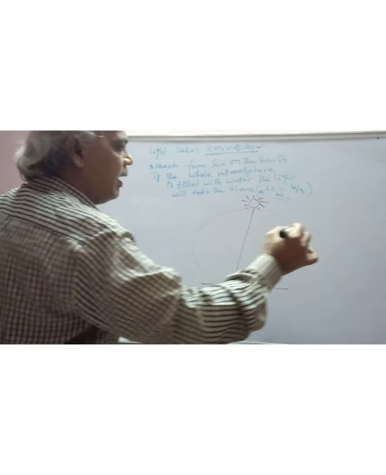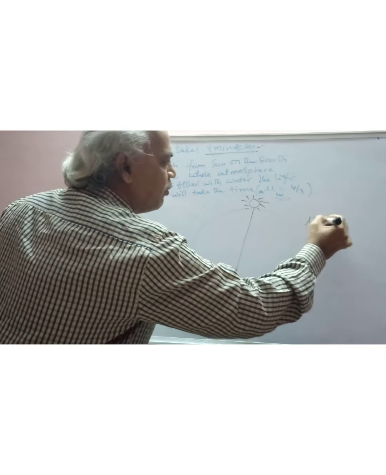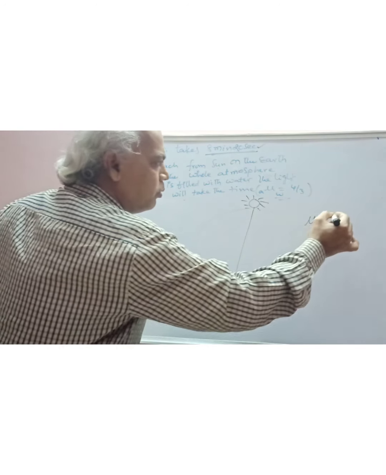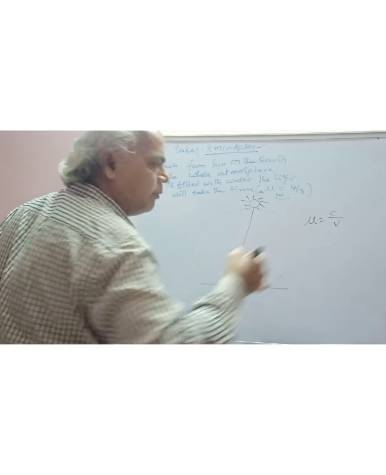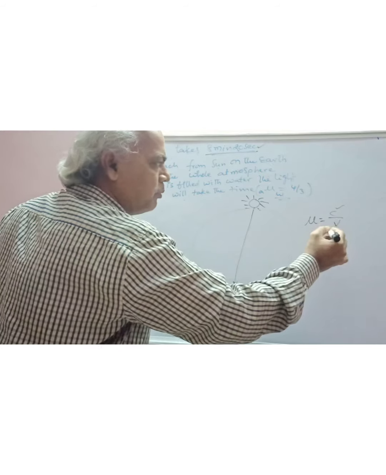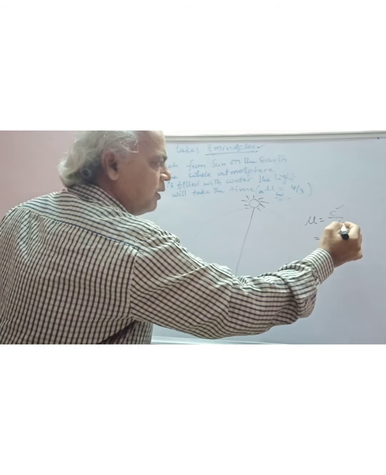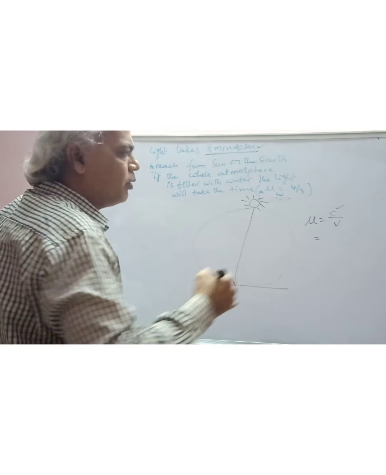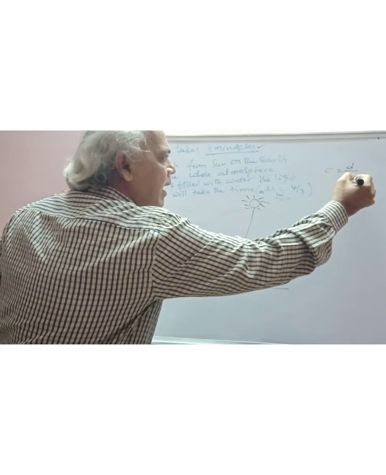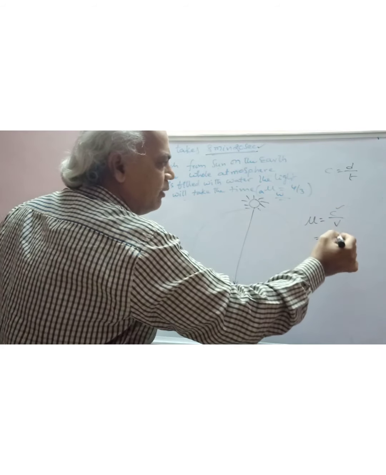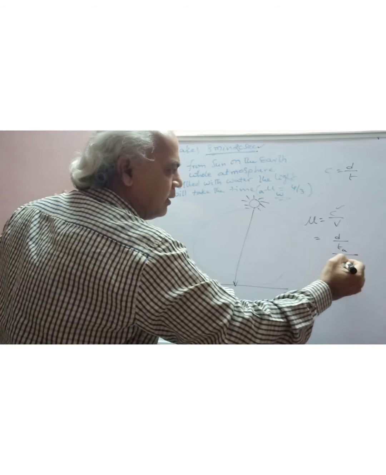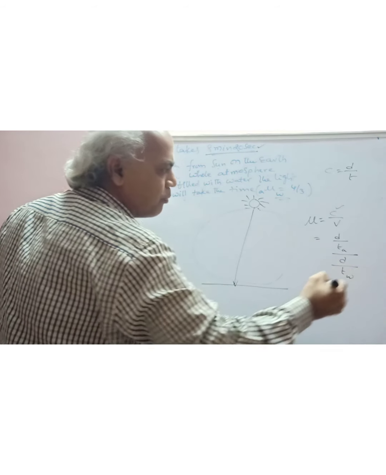So the refractive index mu is equal to, already we know that mu is equal to c by v, and c means speed of light in vacuum and v is speed of light in water. So mu is equal to c by v and c is equal to distance by time. Here c value distance by time in air by distance by time in water.